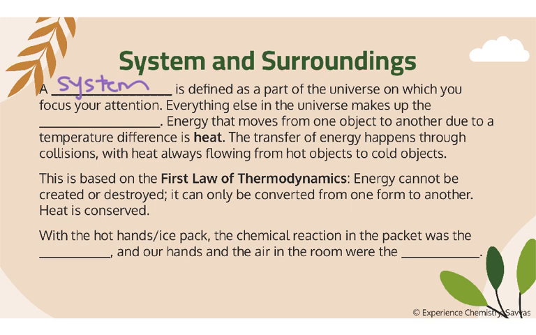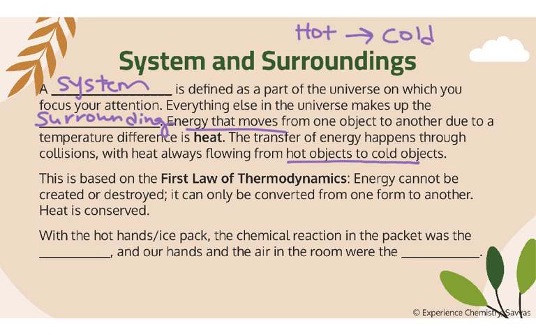Everything else in the universe makes up the surroundings. And energy that moves from one object to another due to a temperature difference is called heat. So again, that movement of energy. The transfer of energy happens through collisions, with heat always flowing from hot objects to cold objects. So always flowing from hot to cold.